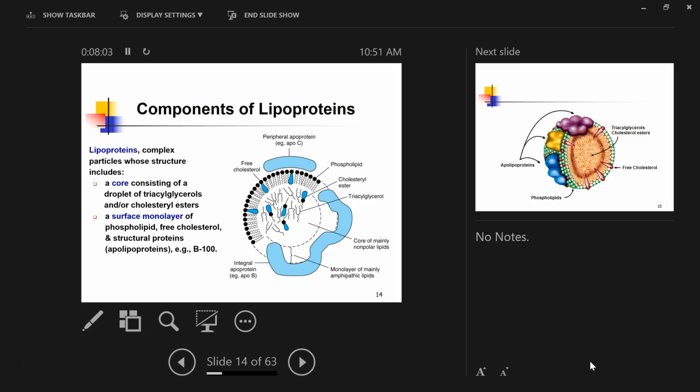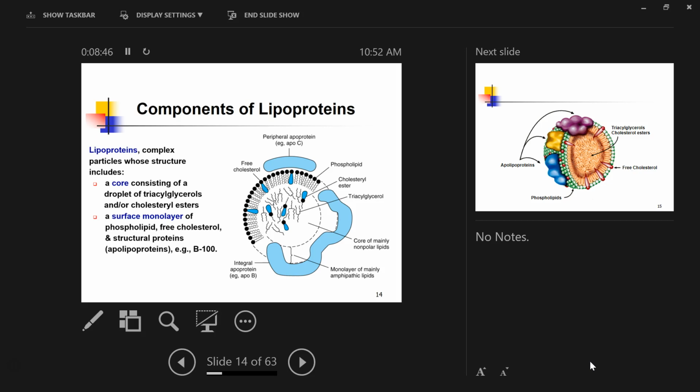So the lipid core contains different types of lipids depending on the type of lipoprotein. For example, chylomicron and VLDL are considered triglyceride-rich lipoproteins. It means that these two types of lipoproteins contain mostly triglyceride and also cholesterol. But the cholesterol in the core is usually present in the form of cholesterol esters, and free cholesterol is present on the surface of the lipoprotein.